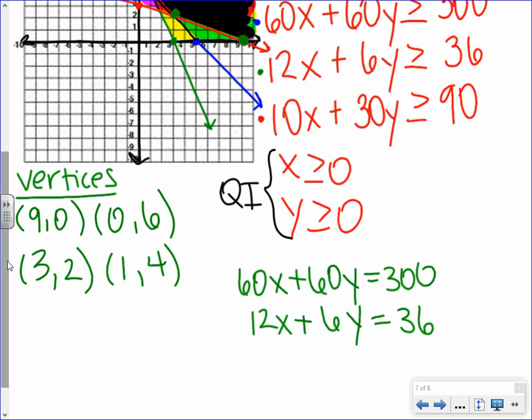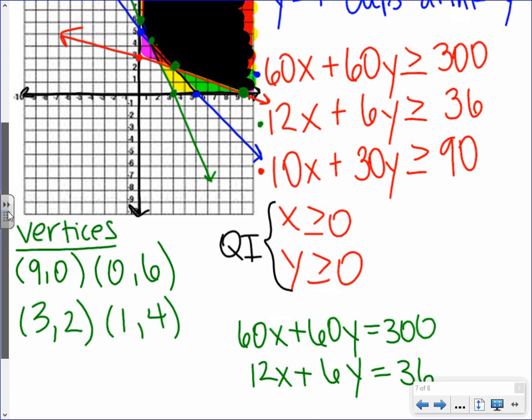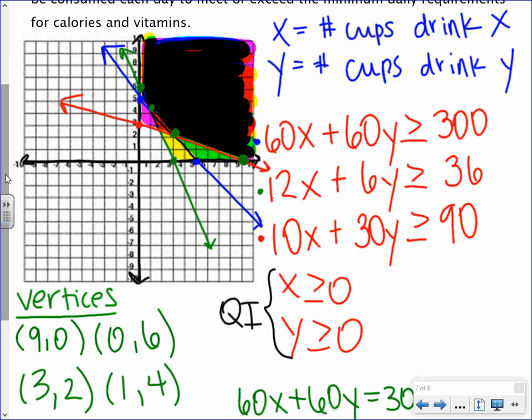All right. So now up here, I color coded everything. And so I knew that I had the green and the blue line to find the intersection. If you have more than one line, like if you have 3 lines, it may be a good idea to label them. Like if you write, okay, this is 12x plus 6y equals 36.